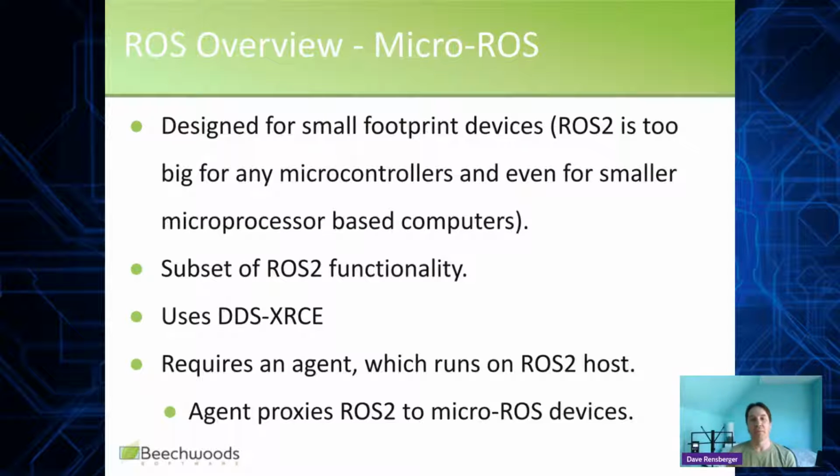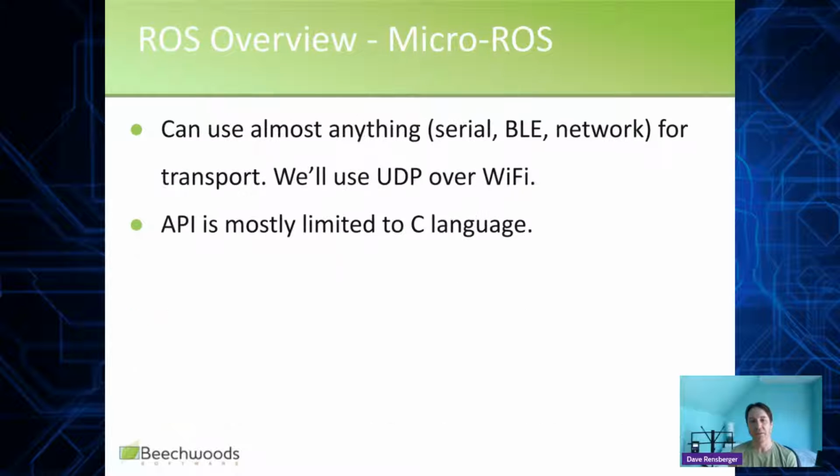The micro-ROS devices all connect to the agent and proxy through it. Once you've got that arrangement set up, the micro-ROS devices look more or less like another ROS device to everything else in the ROS system.